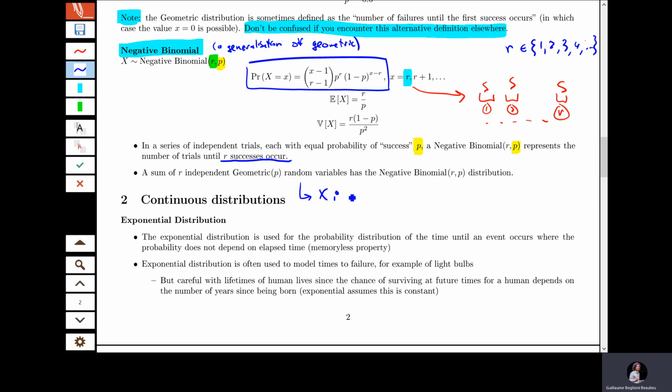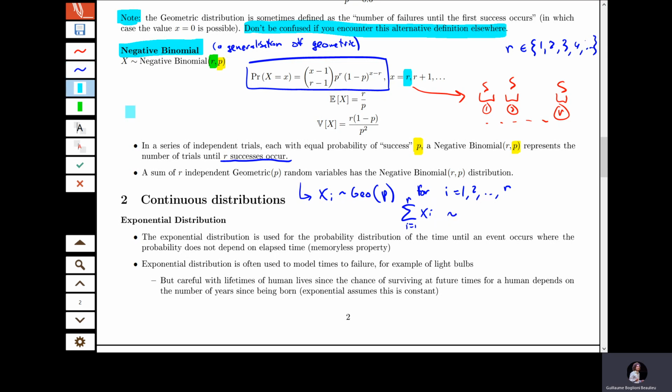If Xi is a geometric with parameter p, for i equals 1 or 2 up to r, then the sum of the Xi, and there are r of them, is also a random variable.